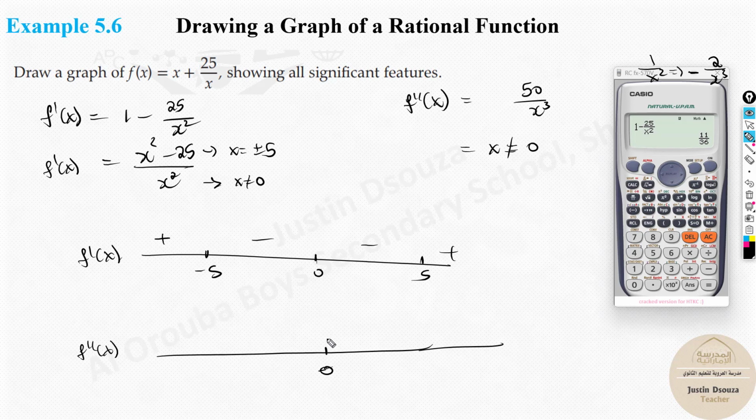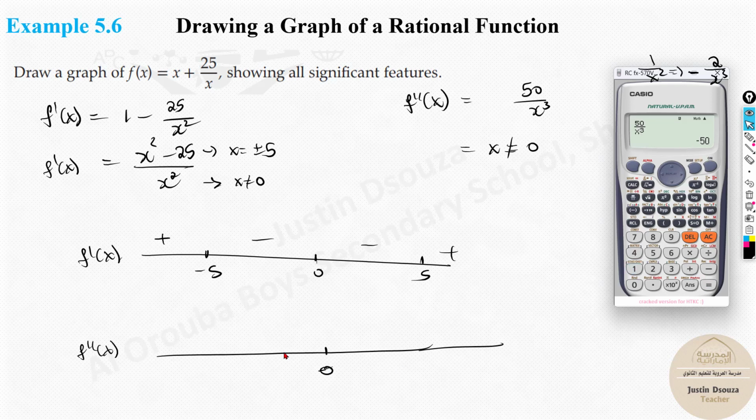See, now this second derivative is inconclusive, you know that, right? Why? Because it's undefined over here. But even if you do this, let's take a value before 0 for this particular thing, 50 by x cube, calculated at -1.